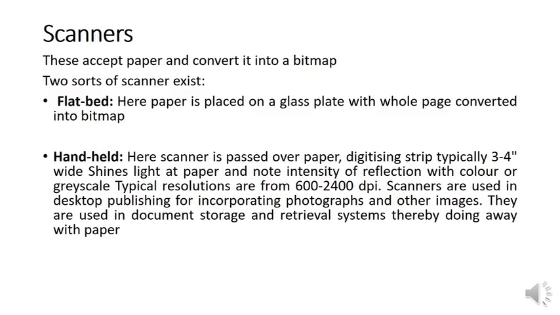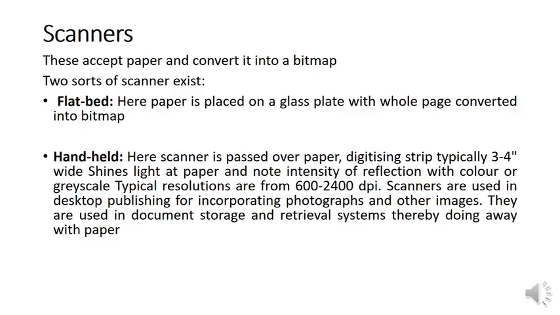So we also have scanners. This accepts paper and converts it into a bitmap. Two sorts of scanner exist. We have flatbed, then we have handheld. In flatbed, paper is placed on a glass plate with both pages converted into a bitmap, while in the handheld, the scanner is passed over paper, digitizing a strip, typically shining 3 to 4 white light sources at the paper and noting the intensity of reflection, with color and grayscale.